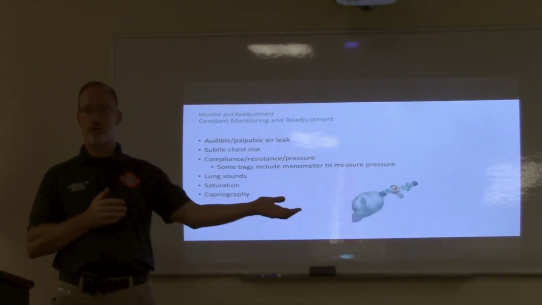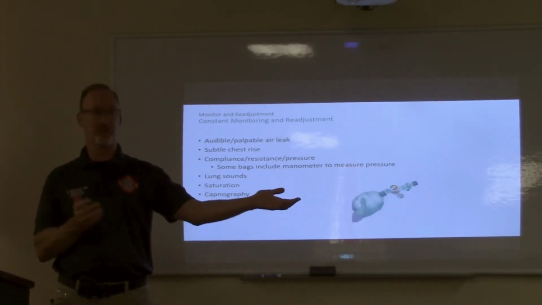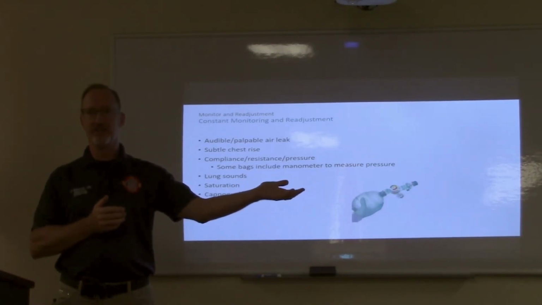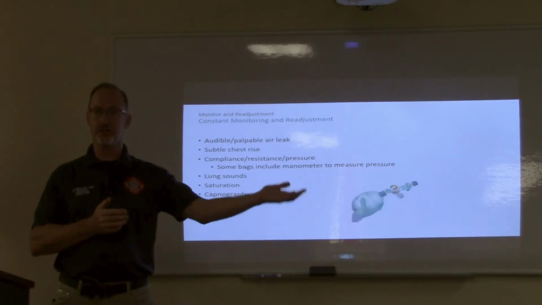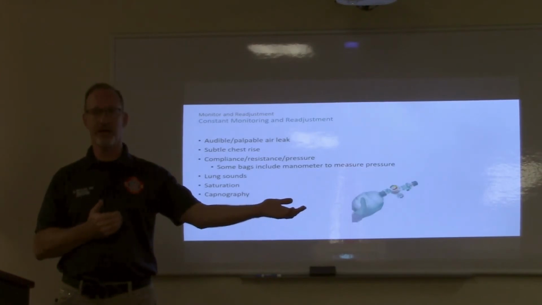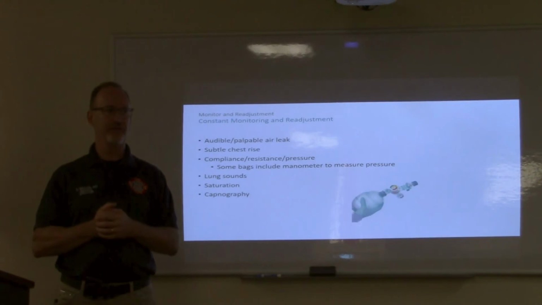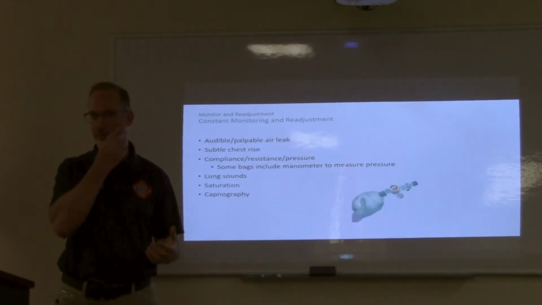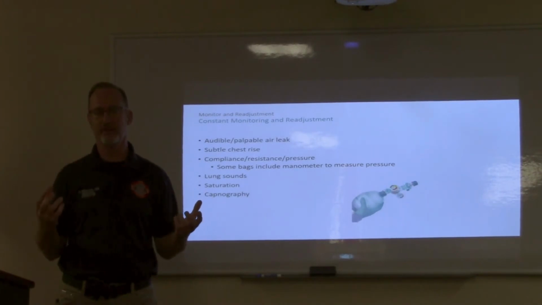If they started normal at 40, not that our patients generally start normal, and then you notice that their CO2 is now 30, you're like, oh, looks like I'm overventilating. I have to reduce my volume or my rate. Or now their CO2 is 50. Oh, I'm probably underventilating. I have to increase my rate or volume a little bit, my minute ventilation.